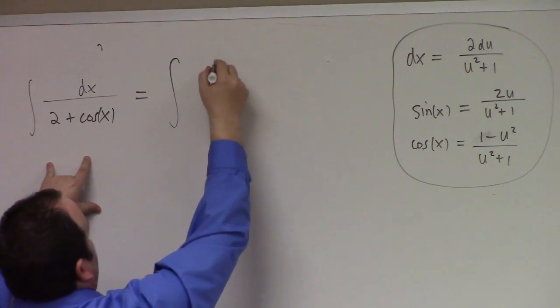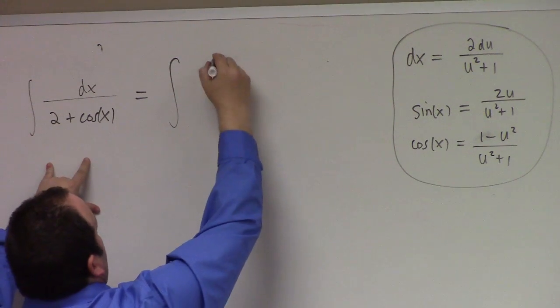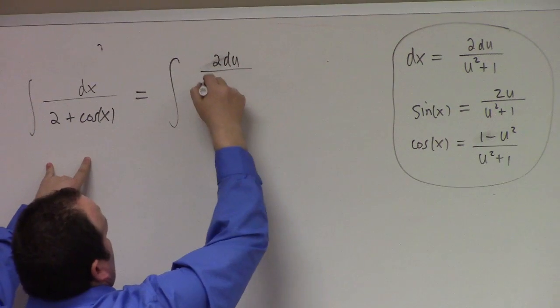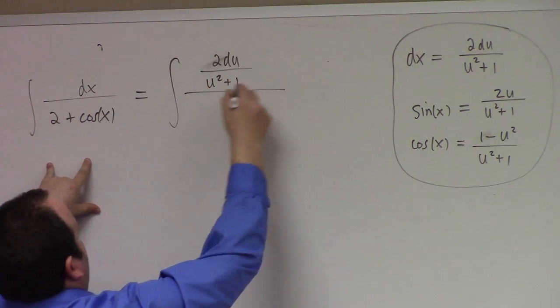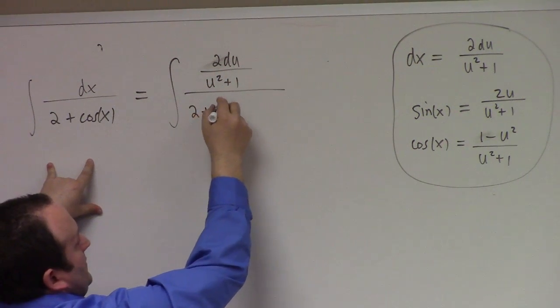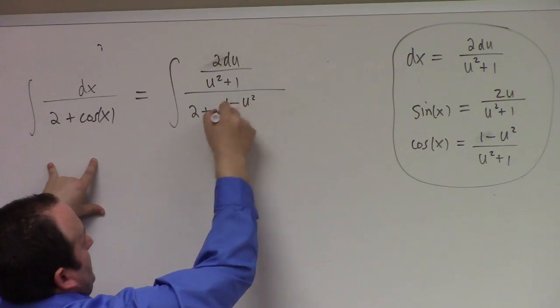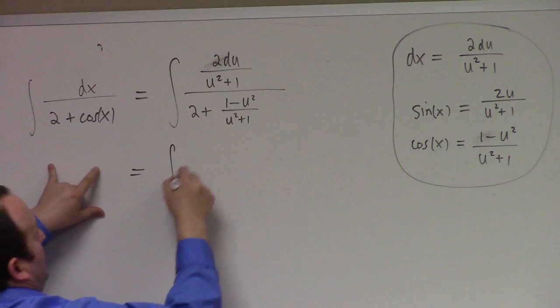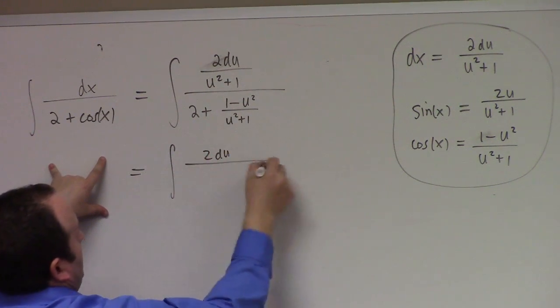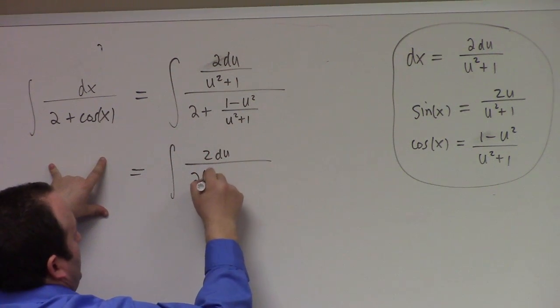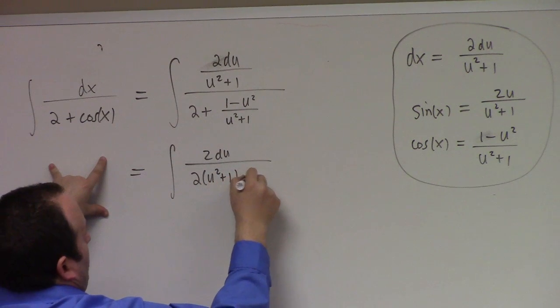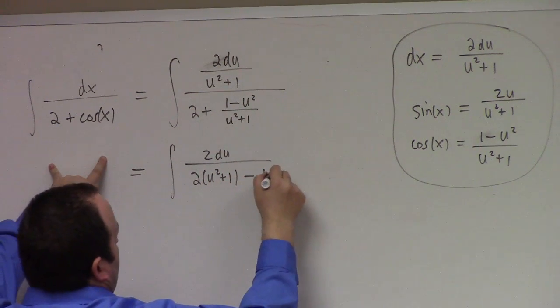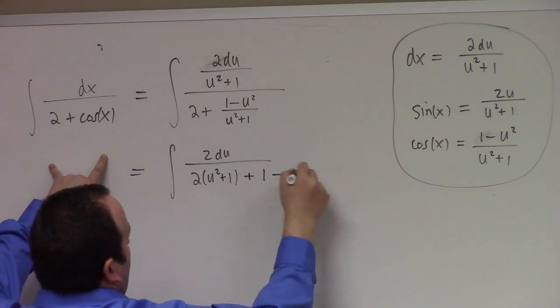So in view of that, this is du. This is 2 du over u squared plus 1 divided by 2 plus 1 minus u squared over u squared plus 1. We clear out the denominator. We get 2 du over 2 times u squared plus 1, plus 1 minus u squared.